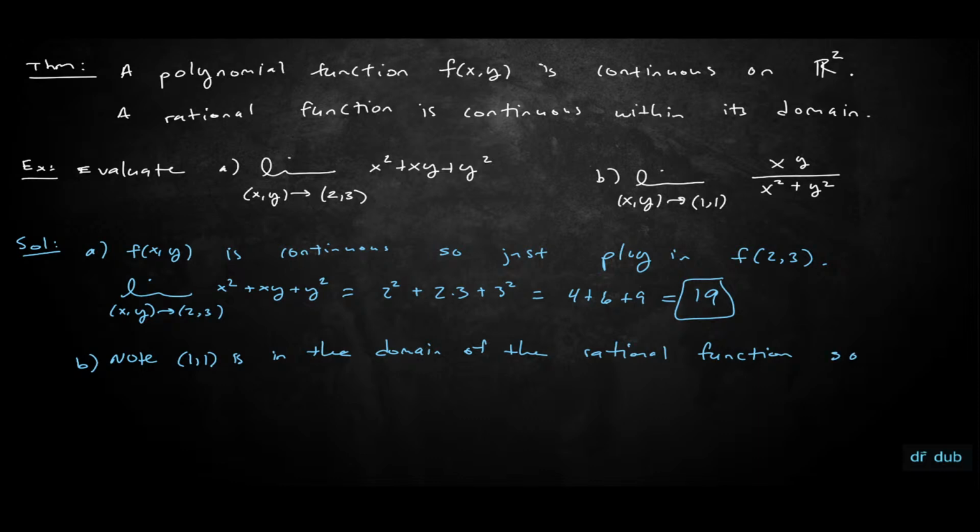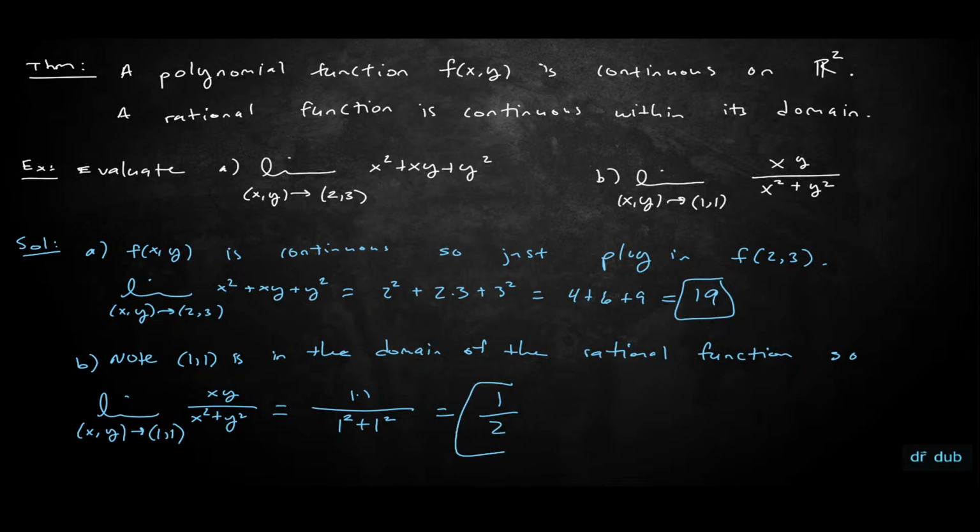So the limit as xy goes to 1, 1 of xy over x squared plus y squared is continuous there, so we can just say that that's going to be 1 times 1 over 1 squared plus 1 squared, which is 1 over 2, and that's our limit. So the function is continuous since it's a rational function, and the point is in the domain.